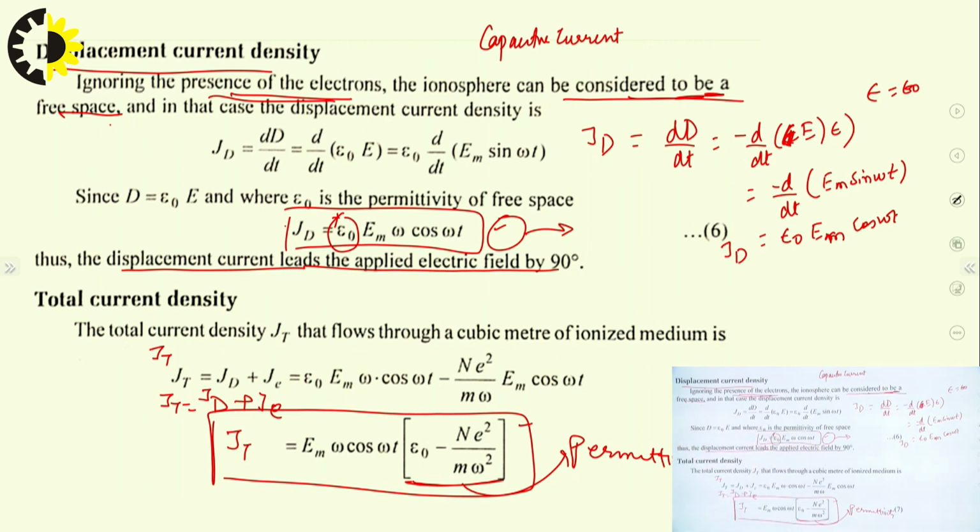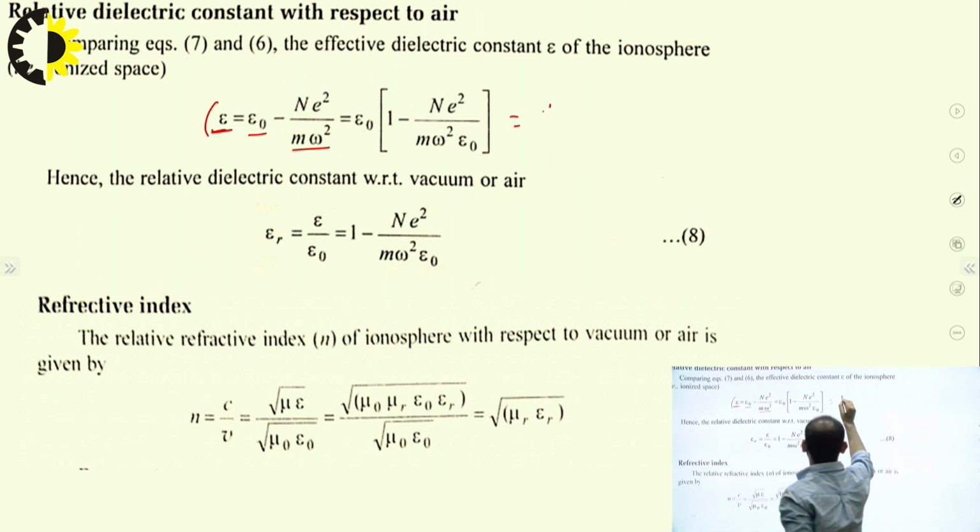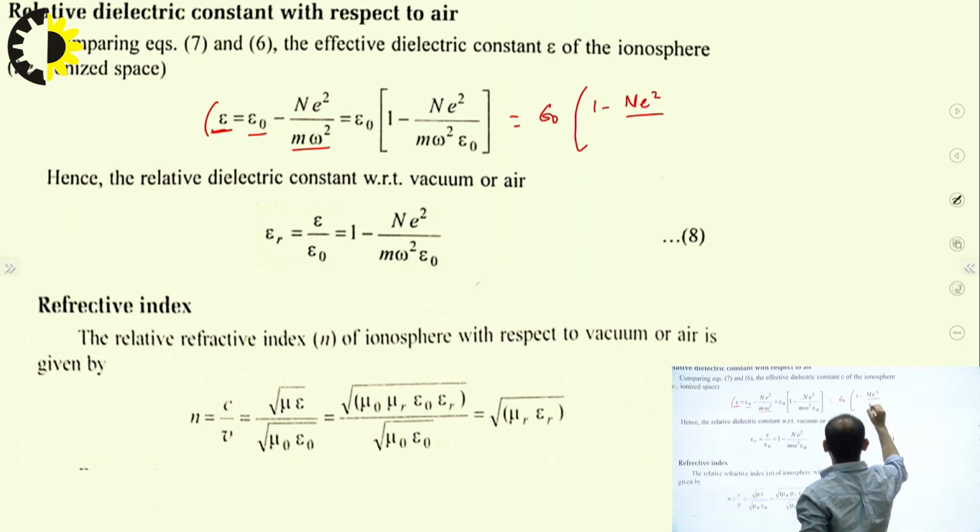Clear? Or you can say that this permittivity is equal to epsilon naught minus N e square upon m omega square. Just take epsilon naught common, you will get epsilon is equal to epsilon naught times 1 minus N e square upon m omega square epsilon naught.